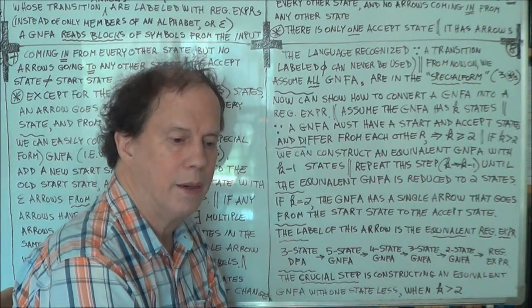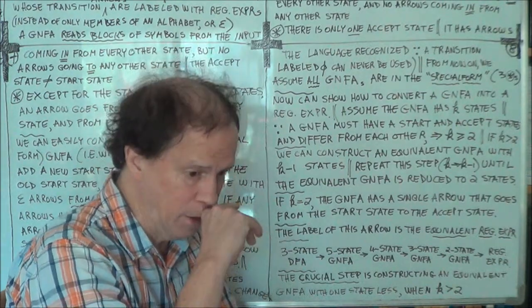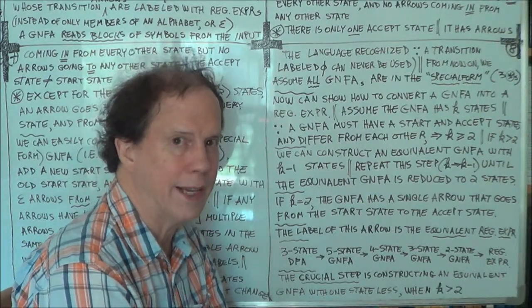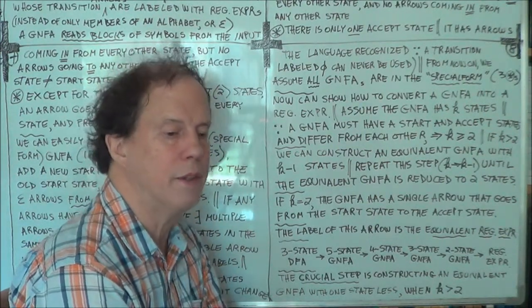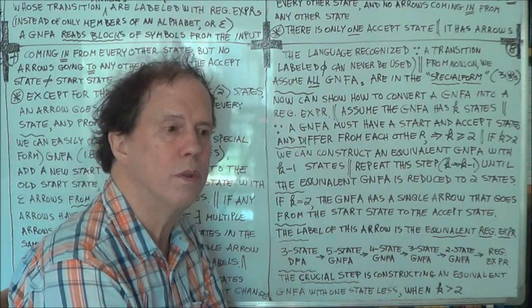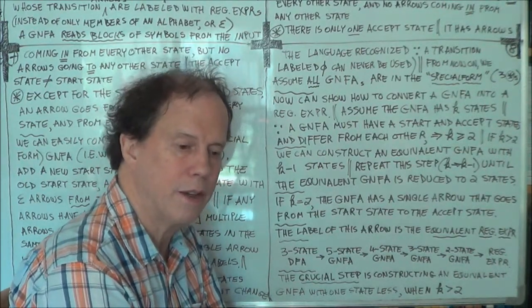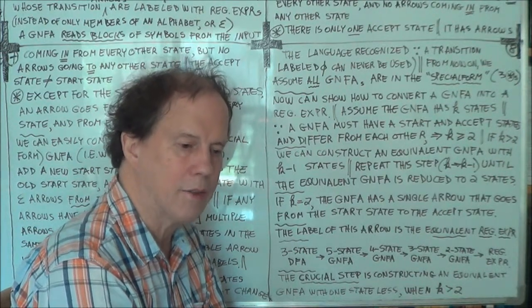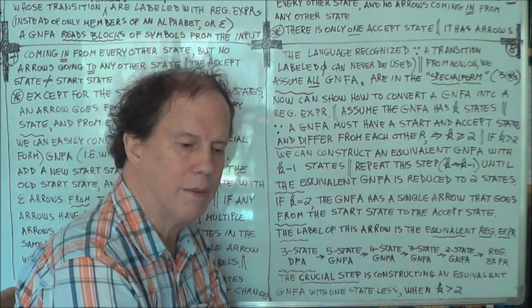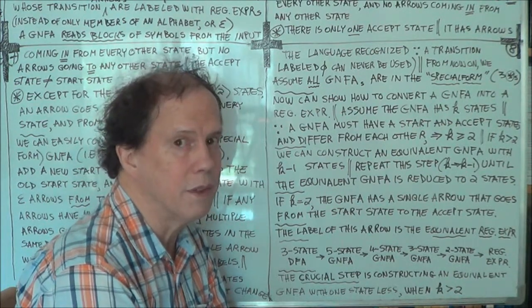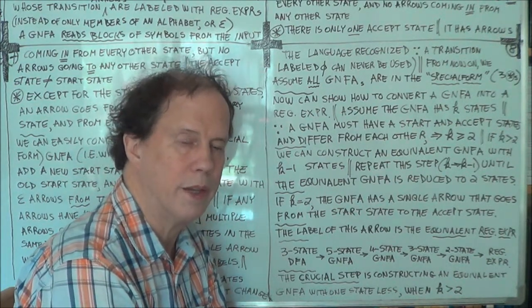Now you can keep doing that, because GNFA allows it, until you get right down to just 2 states, k equals 2. So if you start with k greater than 2, you just rip out one of the non-start, non-accept states and repair the damage.